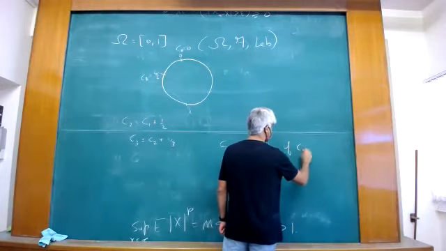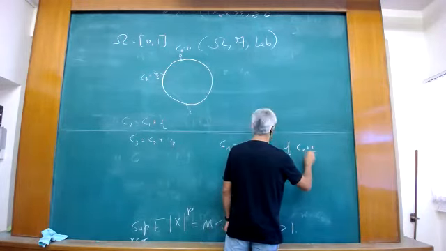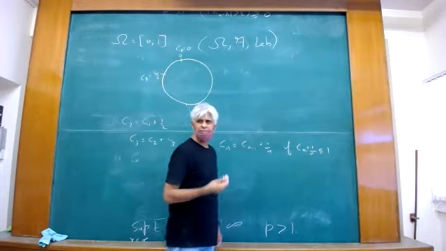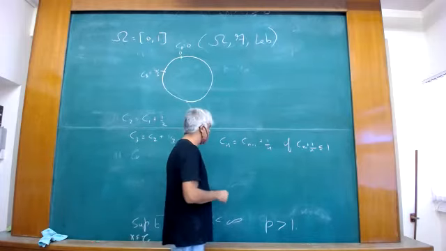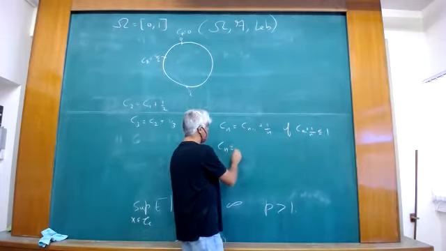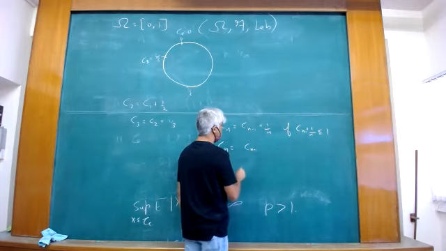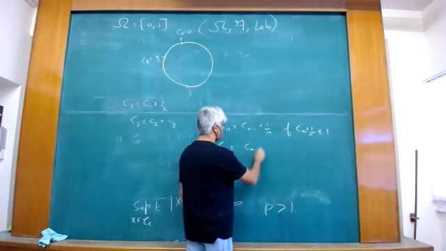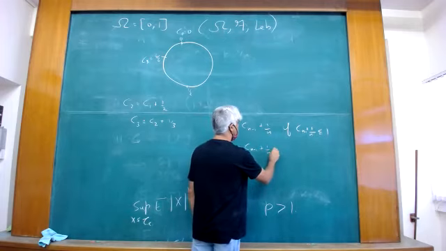If Cn minus 1 plus 1 by n is less than 1, doesn't matter, Cn is equal to Cn minus 1.